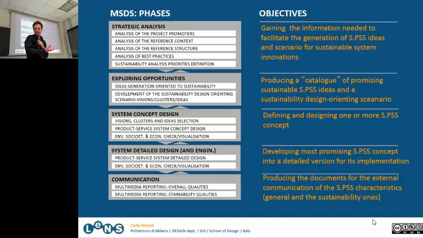Then after that, there is a system concept design phase. As we have for product, we have a system concept design phase, in which there is a first way of clustering and selecting ideas to go towards one concept. There is the product service system concept design, and then the sustainable evaluation of this concept to understand whether we did something good or not, if we have to readdress our processes and so on.